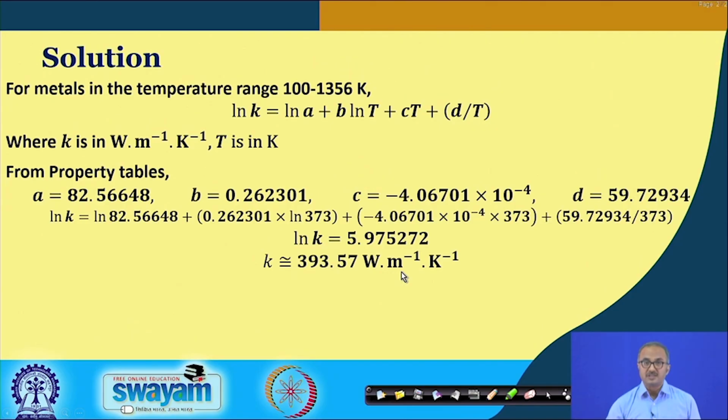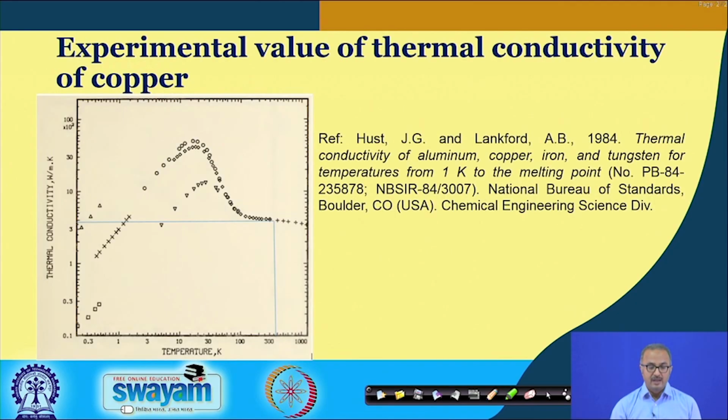Now to check whether this value is right or not, or how good this estimation is, we can look into the actual experimental data of thermal conductivity, and here we have this particular chart given in this source.